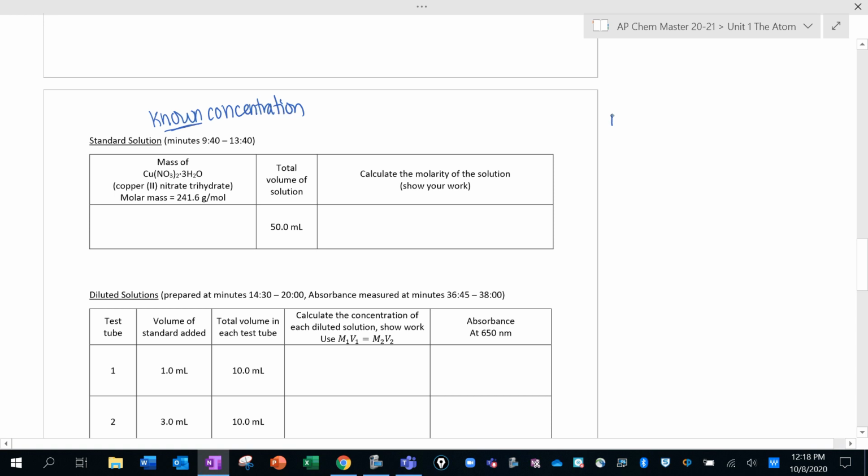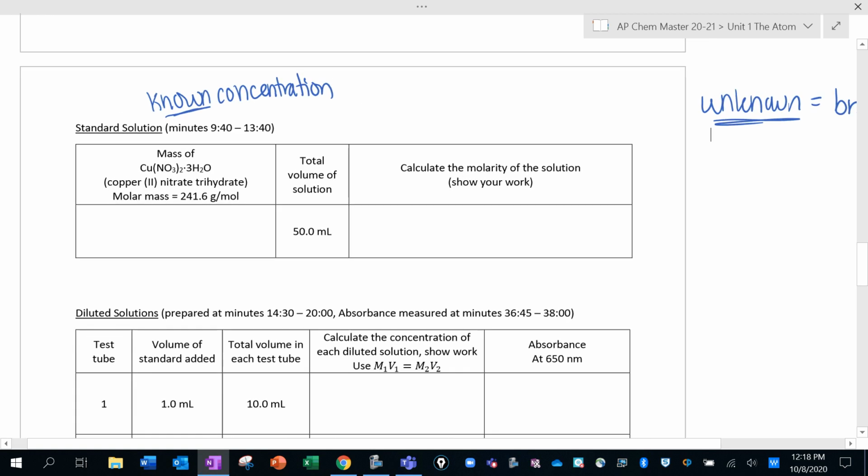Our unknown in this lab is the brass. We know that the brass has some copper in it, we just don't know how much. So we're going to make a solution where we know the concentration of copper and use that as a comparison point. That's the purpose of making the known standard.